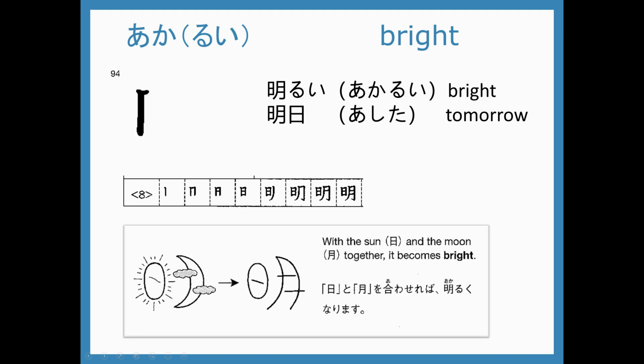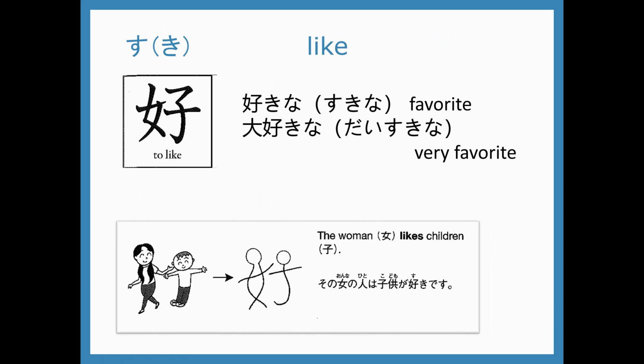One more time. 1, 2, 3, 4, 5, 6, hook, 7, 8. 1, 2, 3, 4, 5, 6, hook, 7, 8. So, aka from 明るい, the first kanji of ashita.